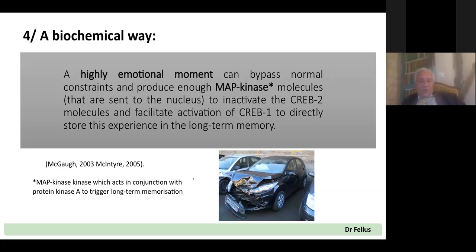You don't need to repeat it because all the information is captured by the MAP kinase and sent to the long-term memory definitively.